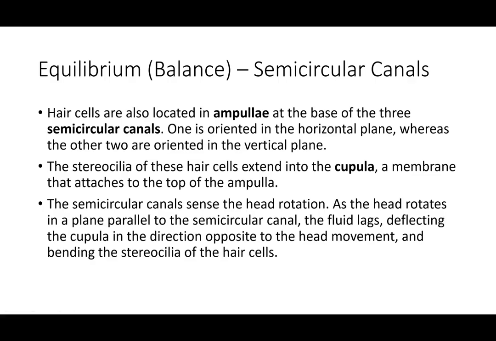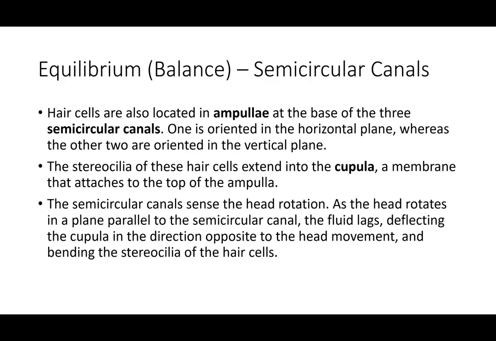And then the semicircular canals are also really, really important for our sense of balance as well. So there are more hair cells located in the semicircular canals, in the ampullae, which are at the base of the three semicircular canals.